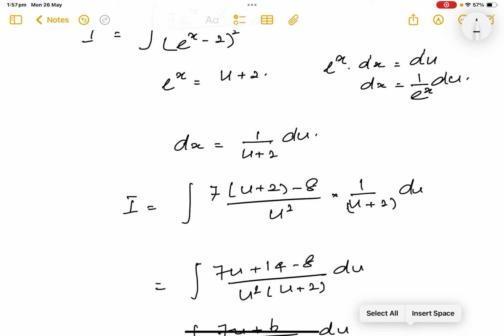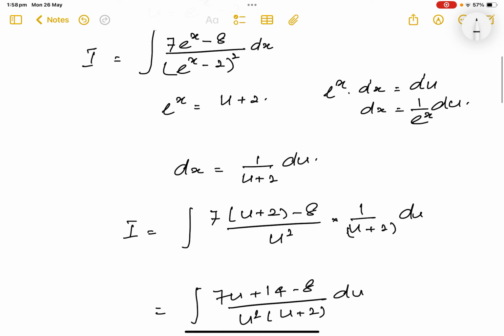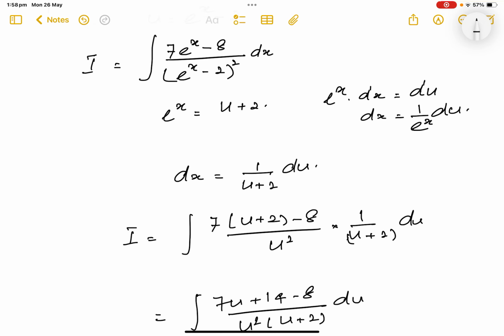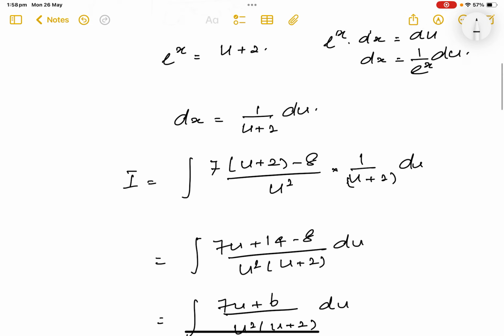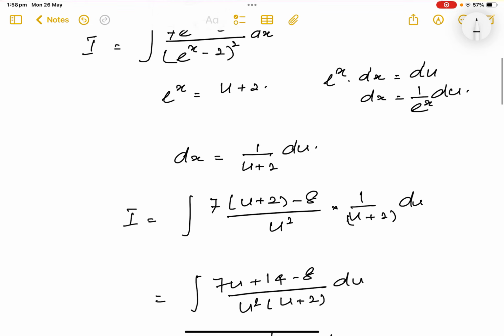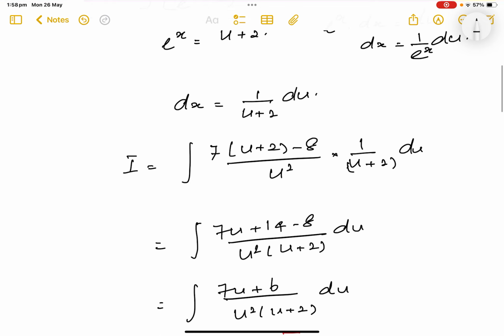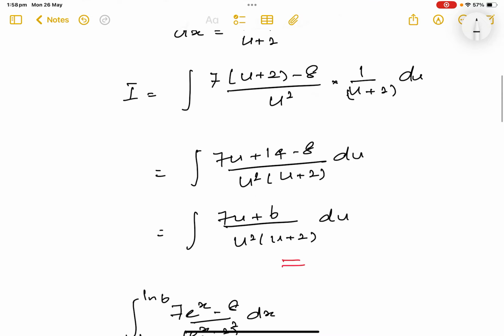So everything that was in the form of x is now in the form of u. So I equals the integral of 7 times e to the power x, which is u plus 2, minus 8, divided by (e to the power x minus 2) squared, which is u squared, times dx, which is 1 over (u plus 2) du.